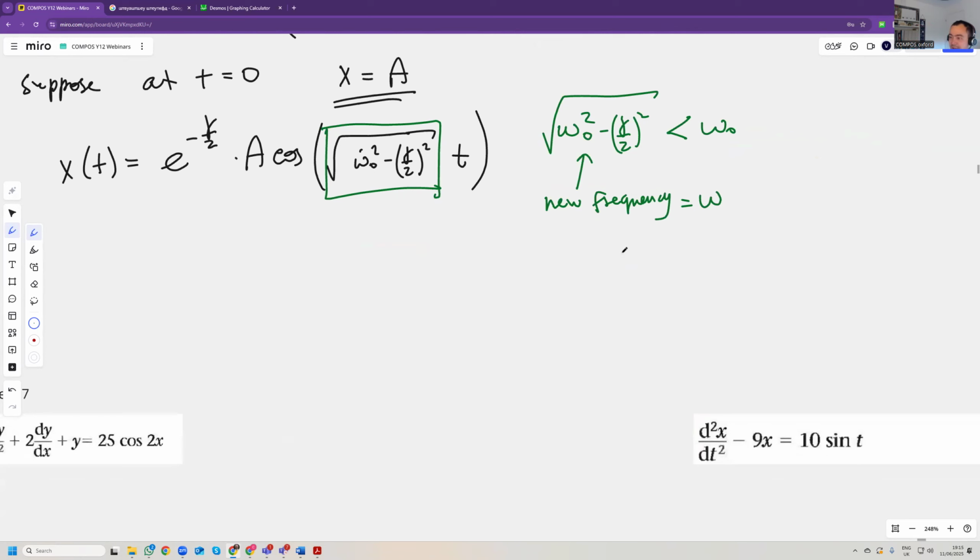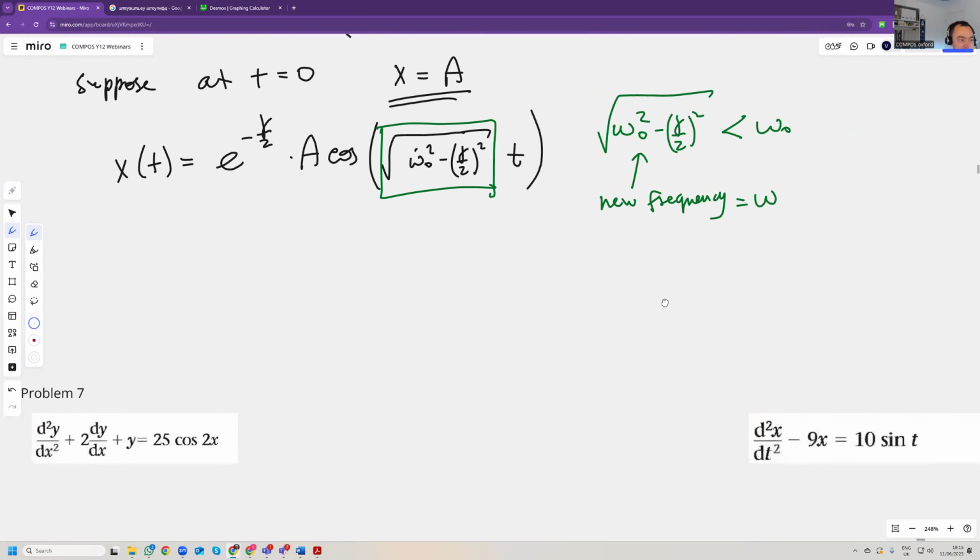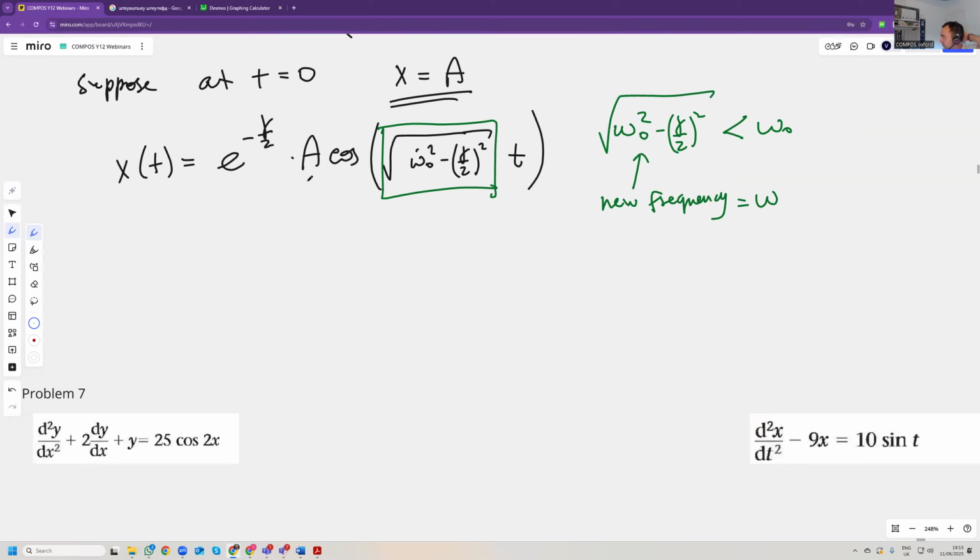A is the initial position, the initial amplitude, and this term, this is the amplitude. And the amplitude is decreasing. It's exponentially decreasing with time.